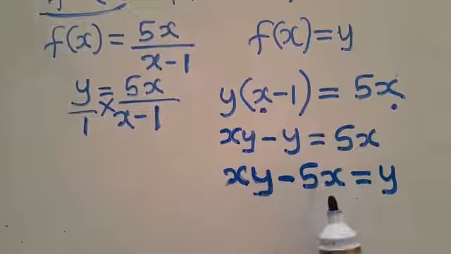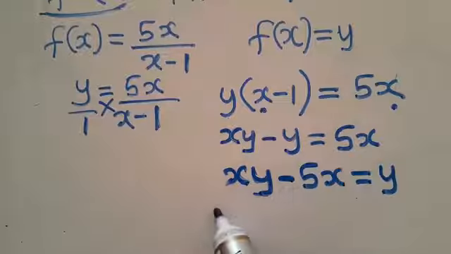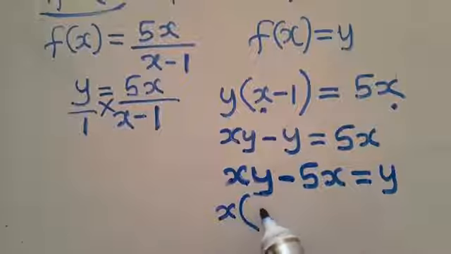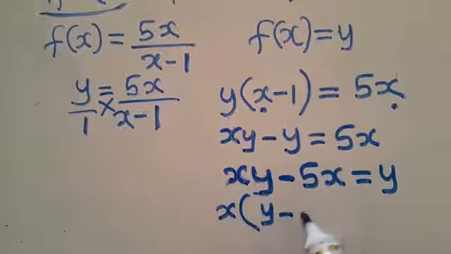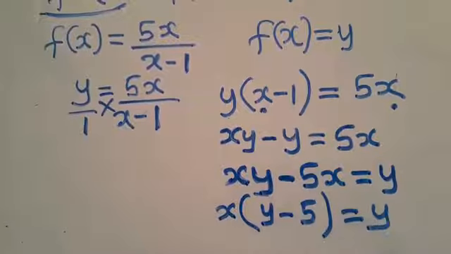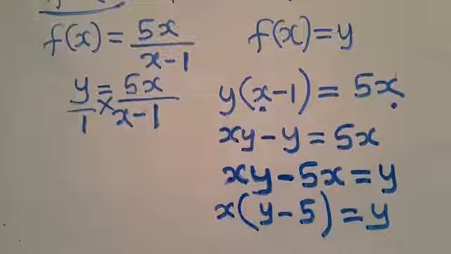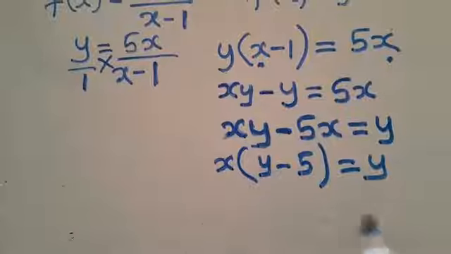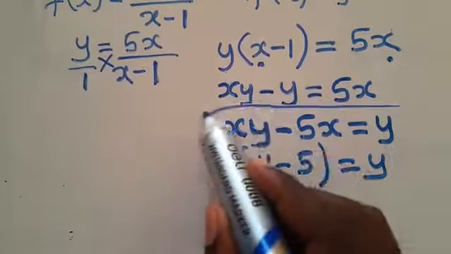You can now factorize them. Your main aim is to find x, make x the subject of the formula. So what is common there? It is x. So what will remain is y minus 5, which is equal to y, which is there. When you do this, you divide by what you don't want. So have you seen this step here? You factorize.